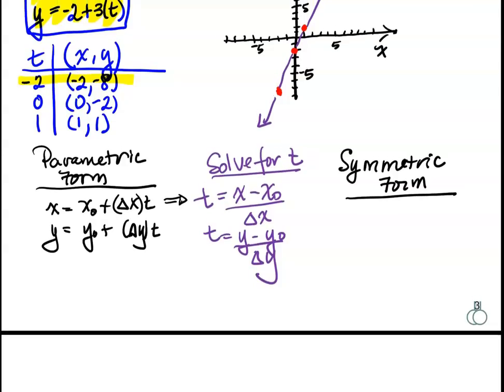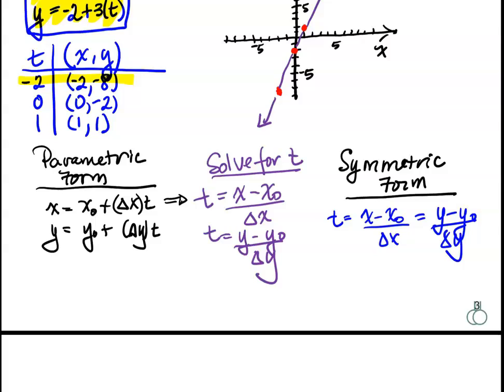So over here in my symmetric form, then, I would have t equals x minus x naught over change in x. T also equals y minus y naught over change in y.